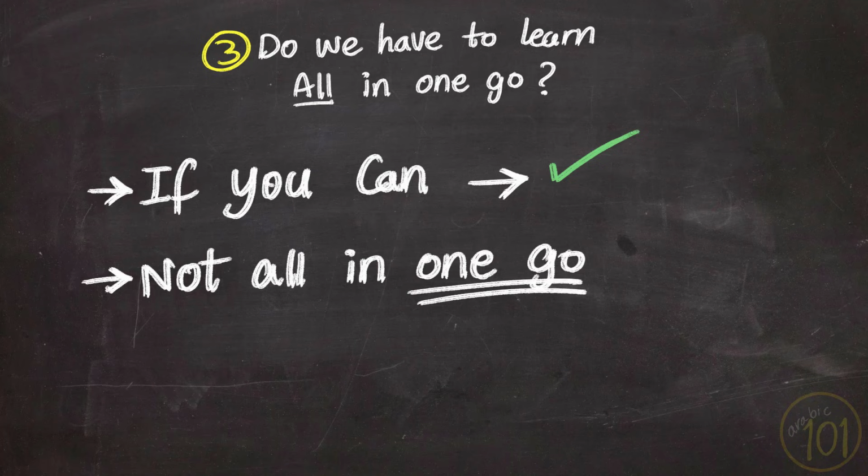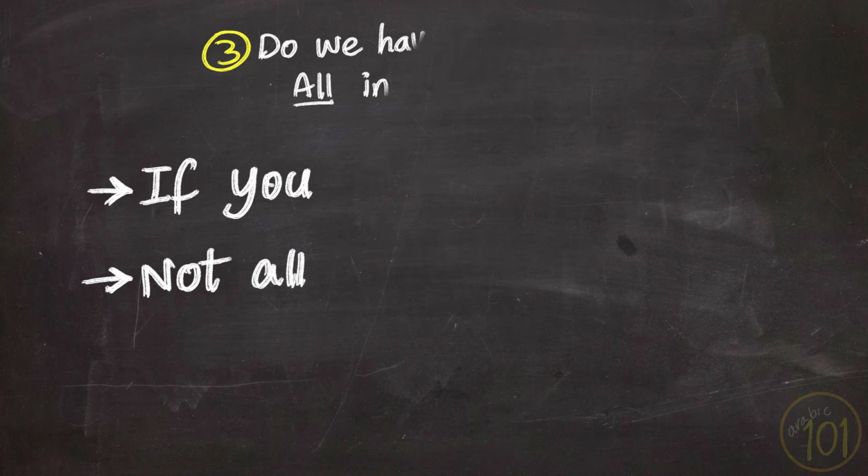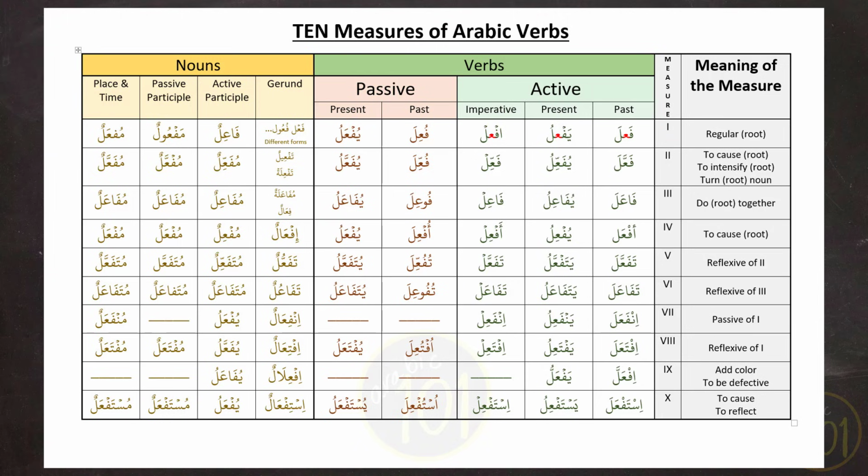Why? Because not all of these patterns are equally important or equally common in the Quran. For example, these ones here are the most important ones, which you should definitely start with. Then these. And last, you should learn these.